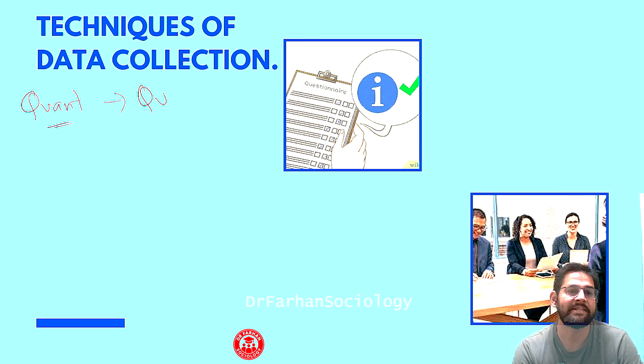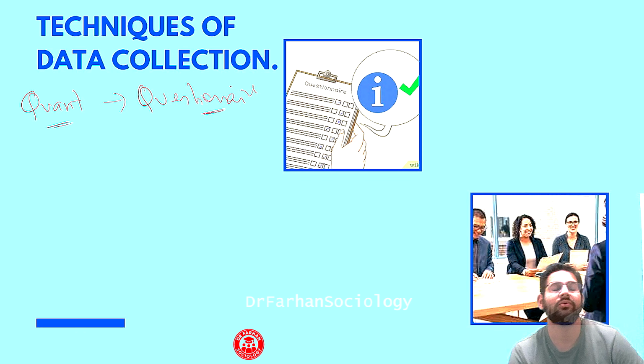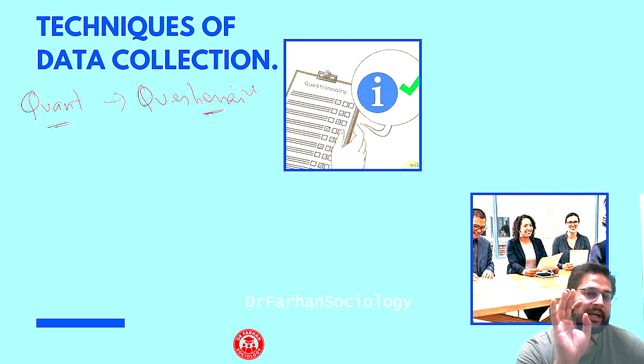I'm going to establish a questionnaire. Have you ever gone to a hospital? They give you a piece of paper: give me all the data that belongs to you. Give me your name, let me know your gender, what age you are, what chief complaint, do you have a history of heart disease, diabetes, any other problem, ailment, etc.?